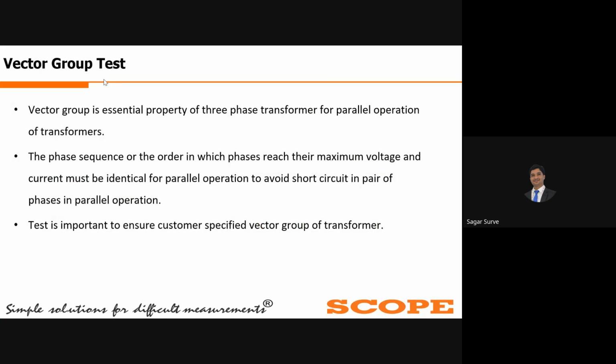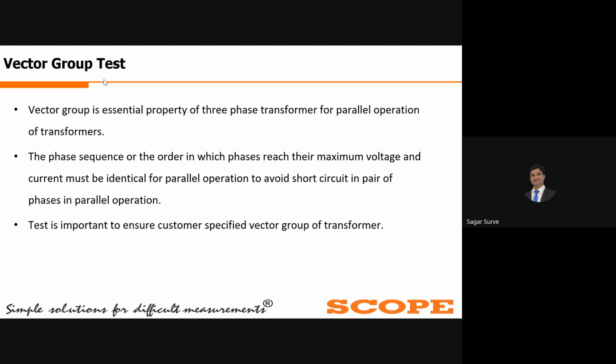Now next is the vector group test. Vector group is an essential property for three-phase transformers. We are checking the vector group for the three-phase transformer before putting it in parallel operation.